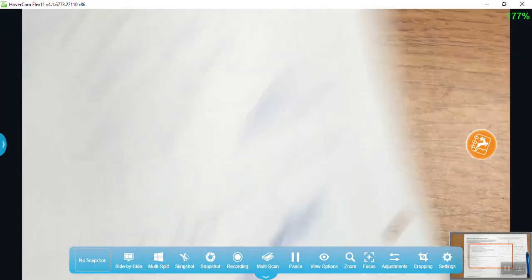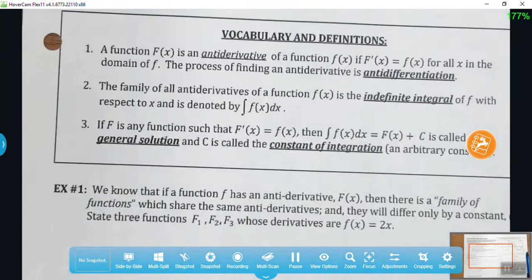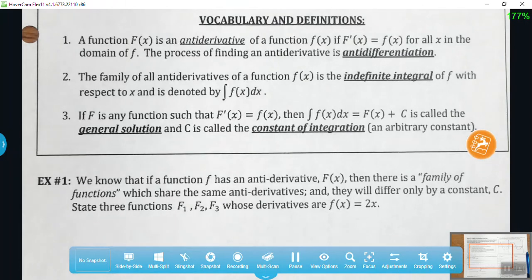All right, cool. Now, let's talk about antiderivatives. So we go from capital F to anti-derive little f, a lowercase f.